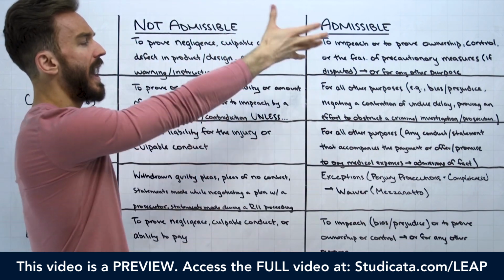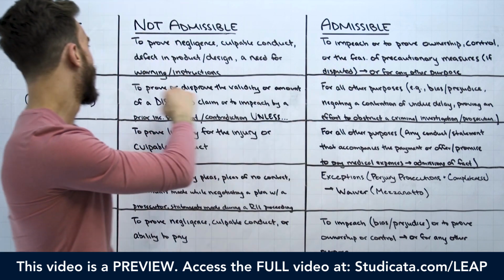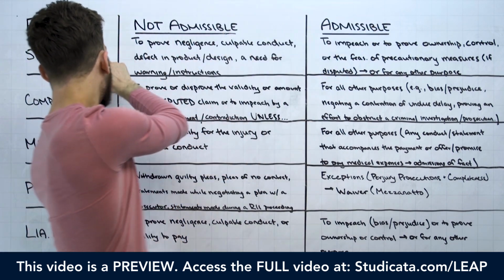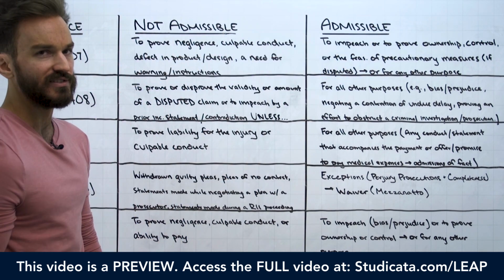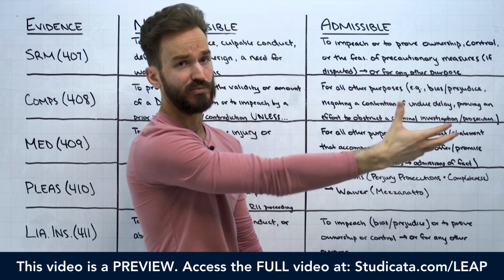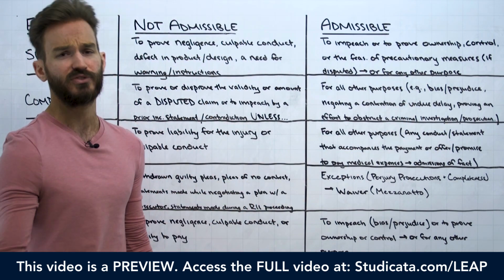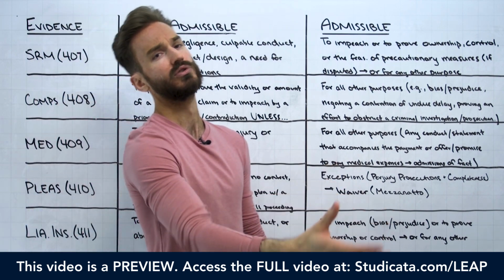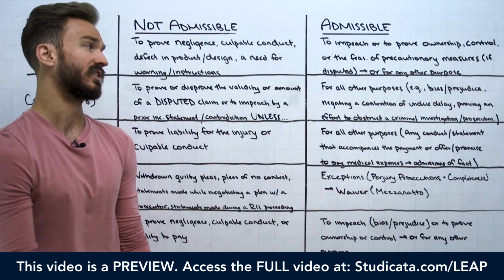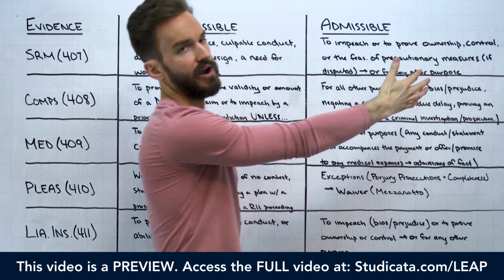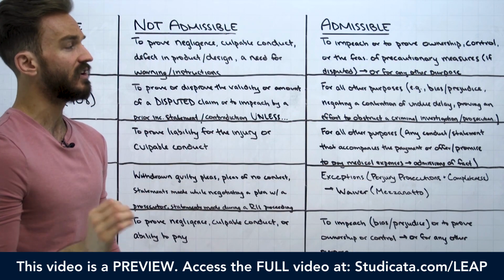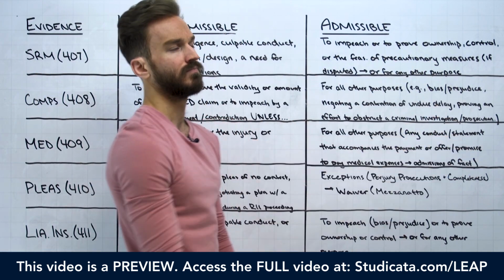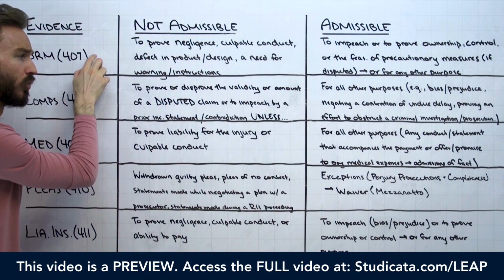Well, in that case, if they open the door like that, the plaintiff could introduce evidence and say, well, obviously it was somewhat feasible because you went out there after the accident happened and you did put up the cones and you did put up this warning sign. So there was some feasibility there at least, right? So if the defendant's going to dispute that, then it can come in under 407.